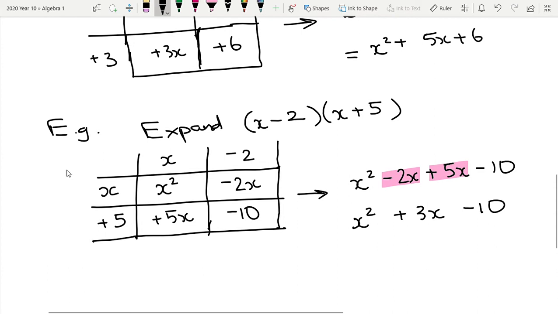So in fact, x minus 2 times x plus 5 equals x squared plus 3x minus 10. As you can see on the right hand side, there's no more bracket. So we have successfully expanded 2 brackets. It's just that, really.